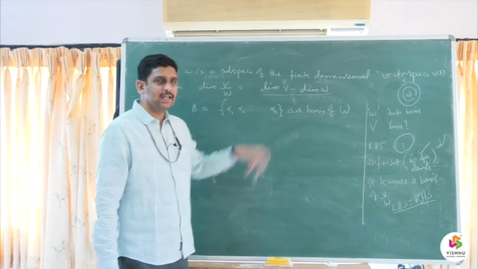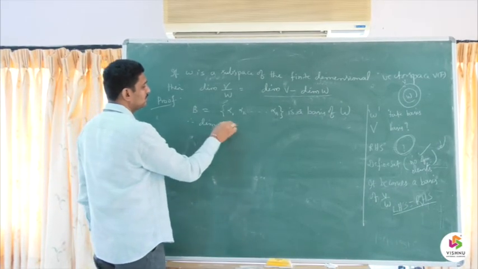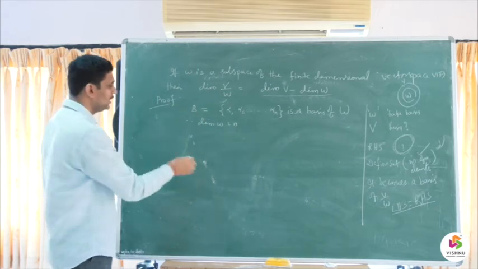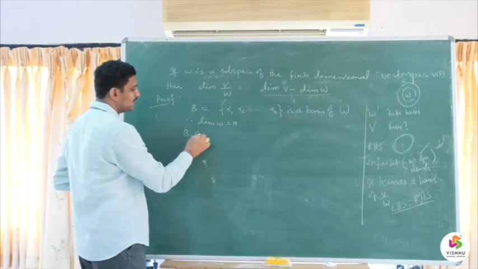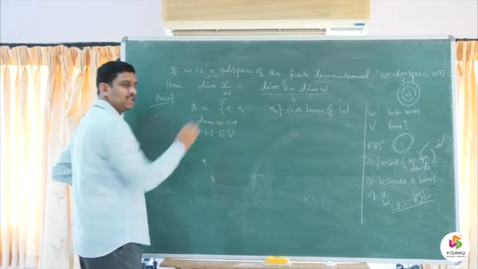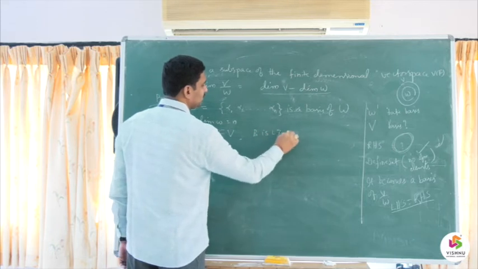N elements are there, hence we know that dimension W is equal to n. So what is the hierarchy you have taken? B is a part in W, W is a part in V, and B is a linearly independent set.